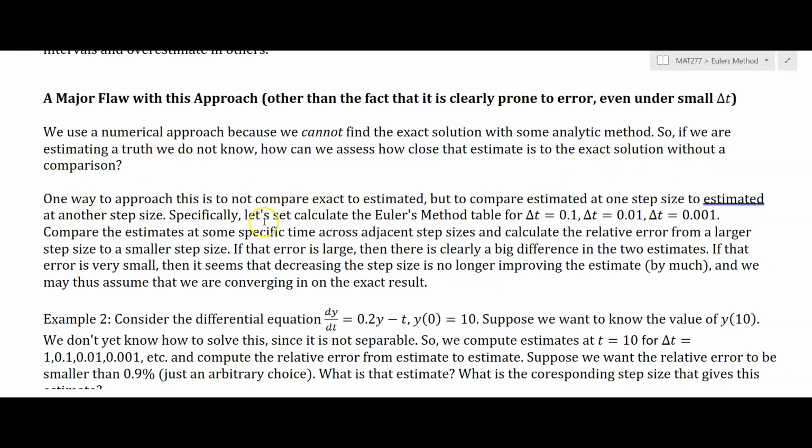One way to approach this is to not compare exact to estimated, because perhaps we don't have exact, but to compare estimated at one step size to estimated at another step size. So we already know that as we decrease the step size, our approximations get more exact.